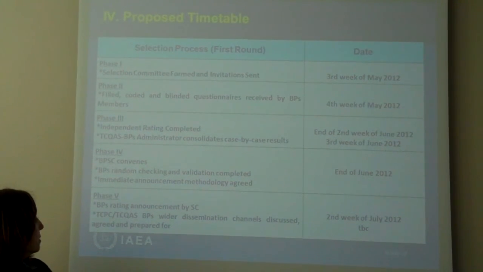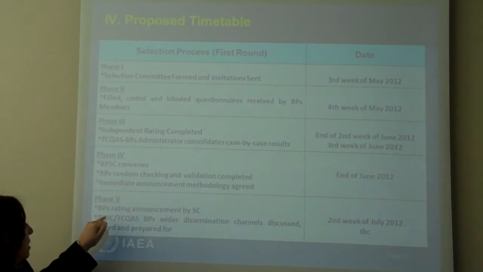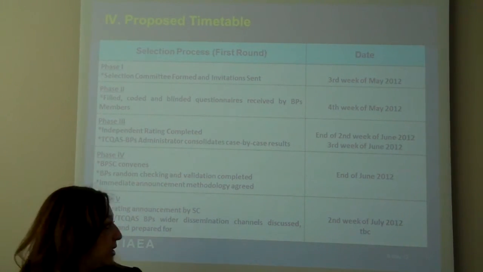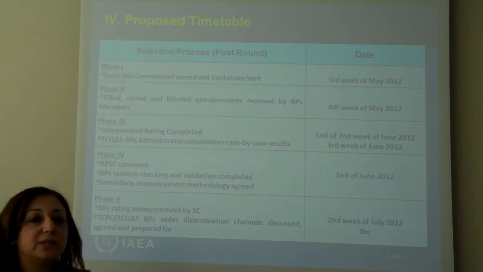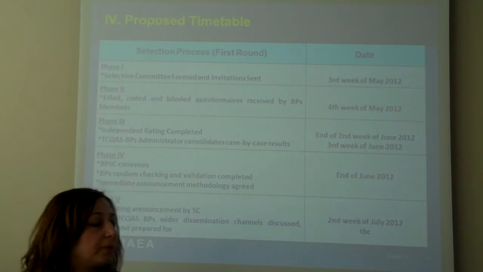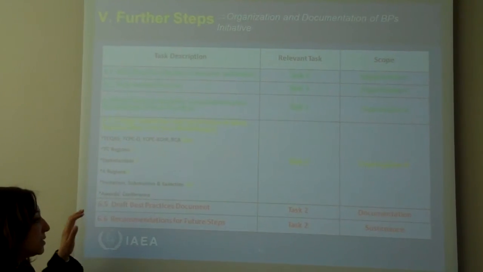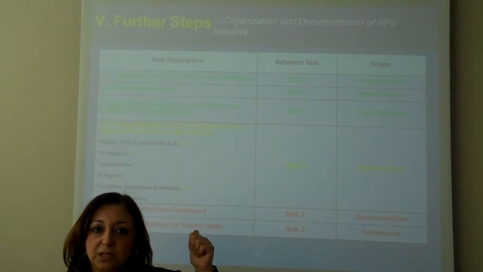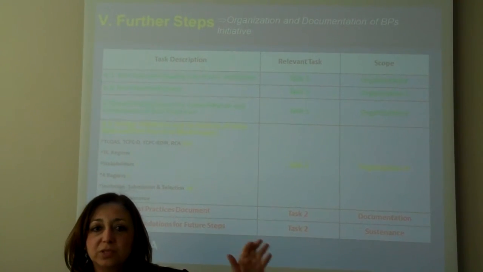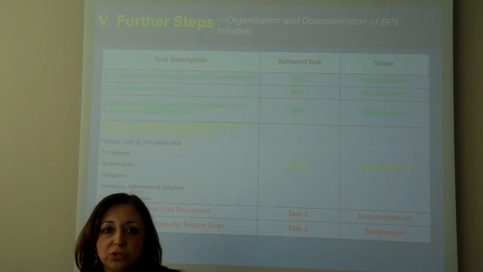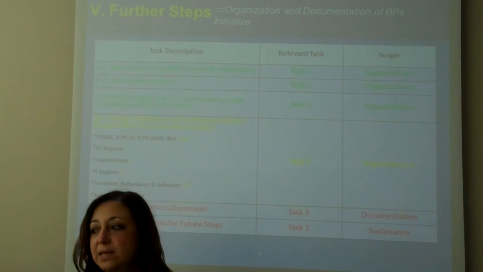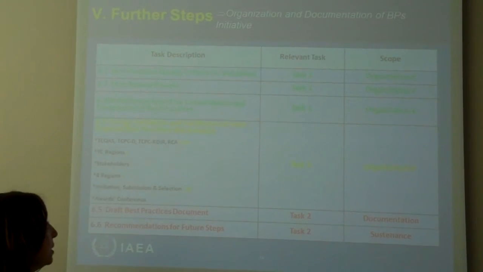The final stage would be announcing the ratings by the BP's selection committee, and this is planned for the 2nd week of July. Of course, this is not the end of story for dissemination. Announcement is something, and the further dissemination and plans for dissemination are planned to be taking place during the 2nd half of the year.